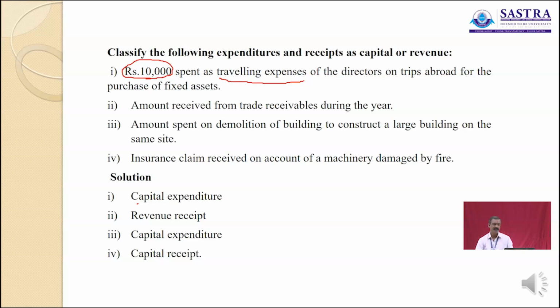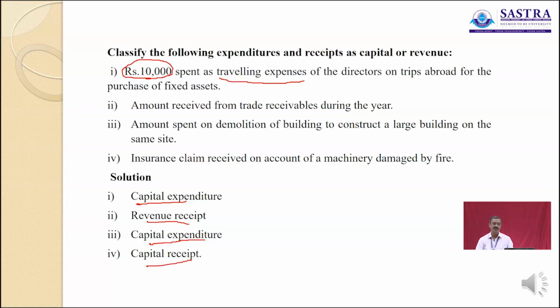See, the first item, 10,000 rupees spent as traveling expense of the directors on trips abroad for the purchase of fixed assets is capital expenditure. Amount received from trade receivables during the year is treated as revenue receipt. Amount spent on demolition of building to construct a large building on the same site is capital expenditure.